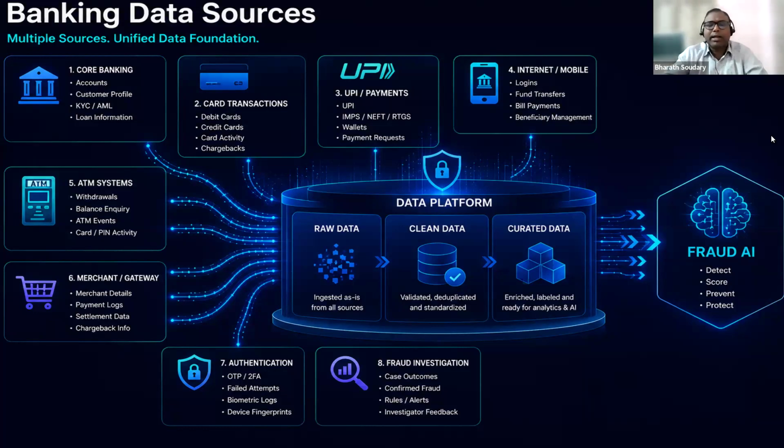This slide explains the several important sources like core banking. It contains account information, customer profiles, KYC, loan information, and account activity. For example, an AI can understand whether the transaction is normal for the customer account.